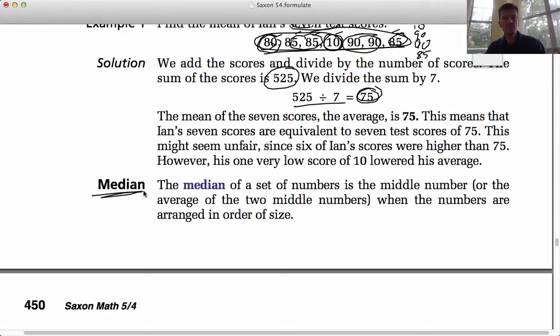The median. The median is the number that's right in the middle. Not the middle as far as the average, not the mathematical middle, but the middle as far as counting the number of numbers. To find the middle number, you have to put them in order, in increasing order.